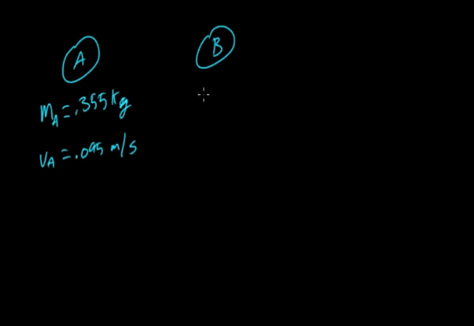Object B has a mass of 0.710 kilograms and a velocity of 0.045 meters per second.